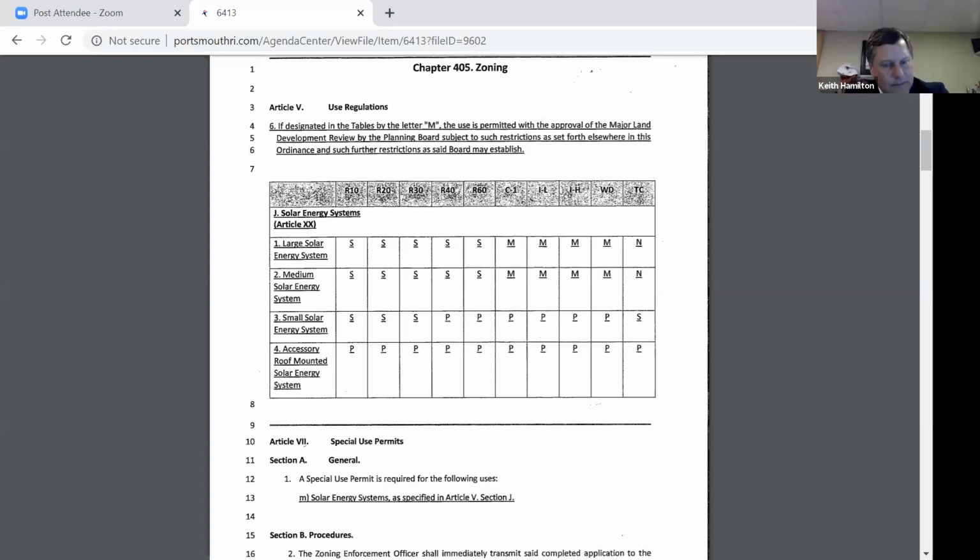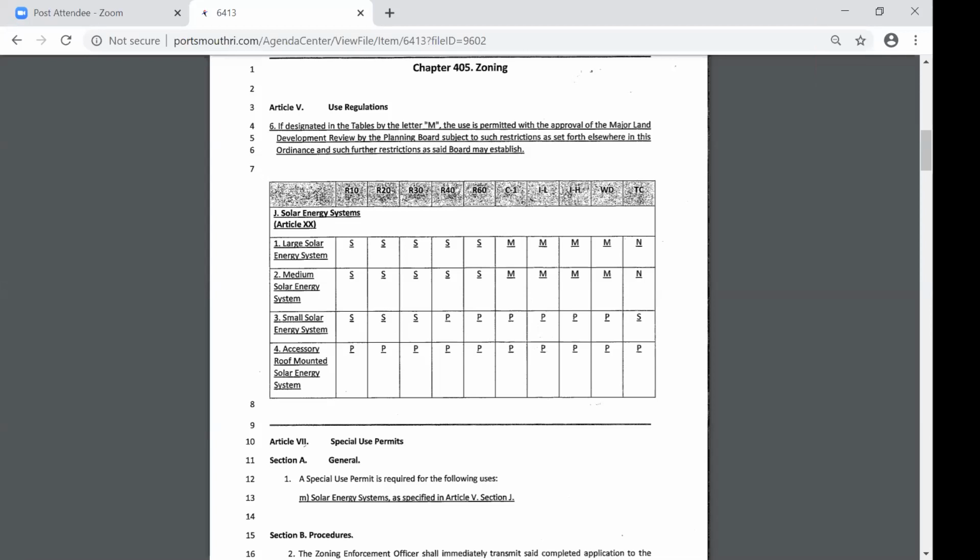And we're not talking about the medium and large because that still requires a special use permit. The planning board, I believe, under R40 and R60 thought the small system, because it's limited to 1,600 square feet, which again, if I had a 34,000 square foot house, then that would be a roof mounted system. So it's not a huge system.